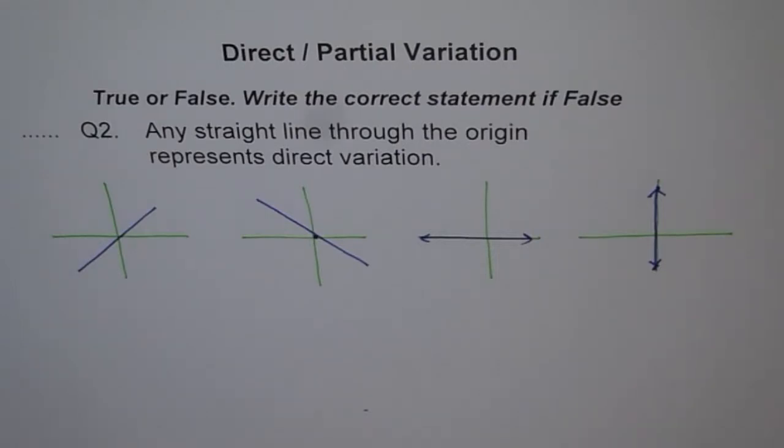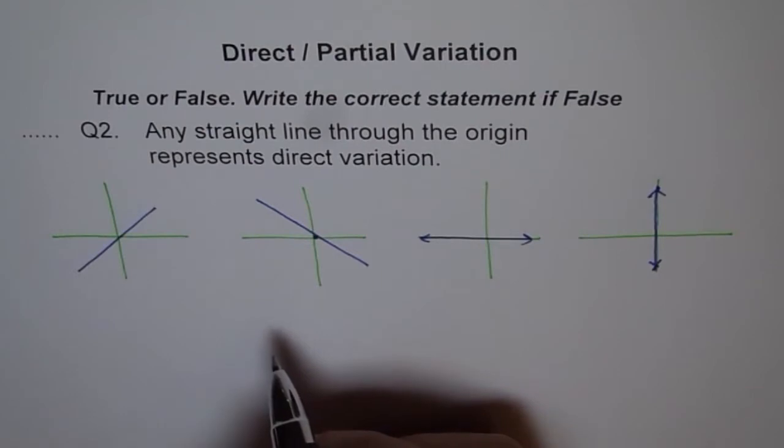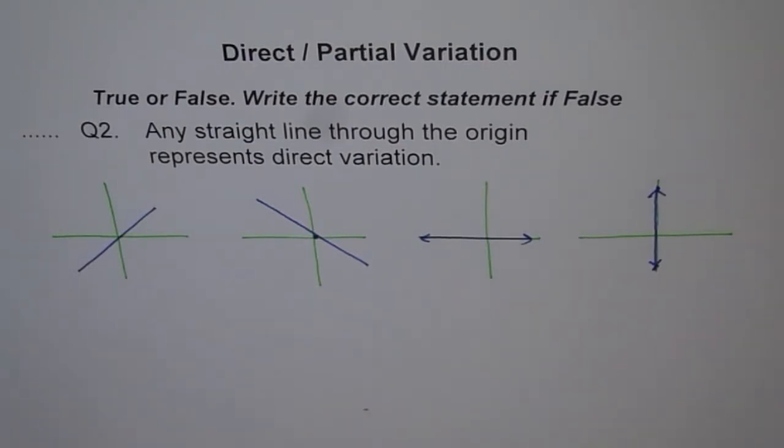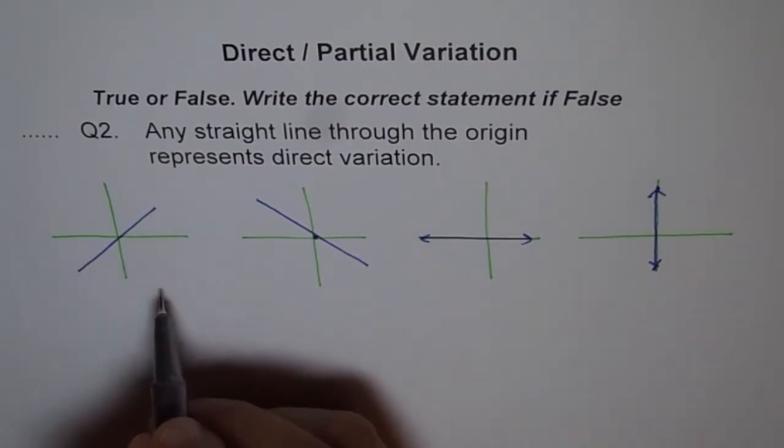Do they represent direct variation? That is a big question to be asked, right? As discussed in question 1 also, we said that direct variation means 2 things.